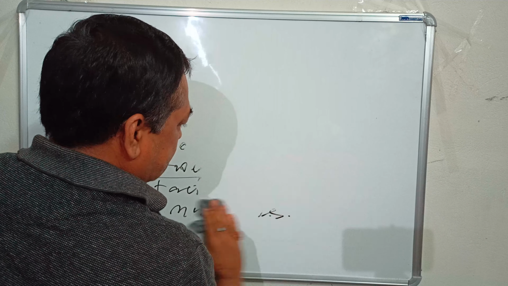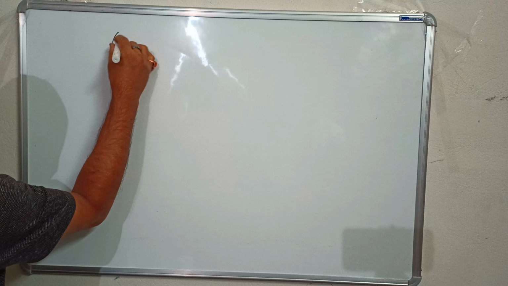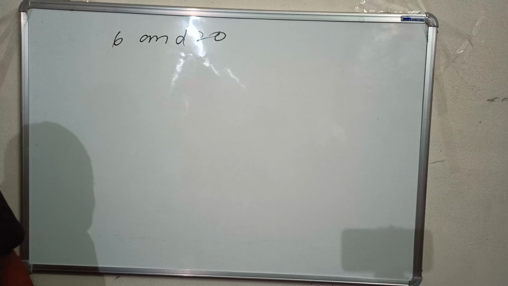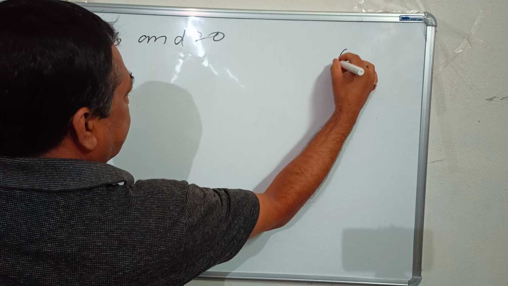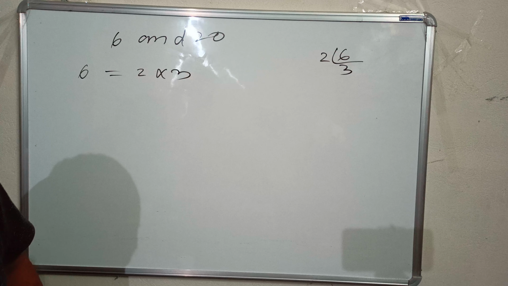Let us take two numbers, 6 and 20. Now 6, you factorize: prime factorization 2, 3, so 6 is 2 into 3.